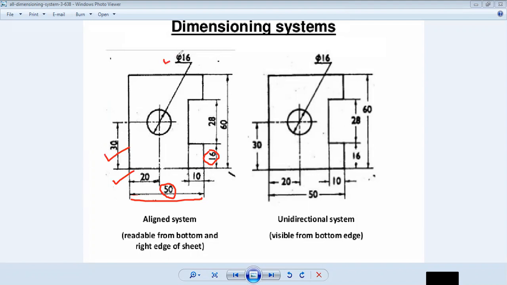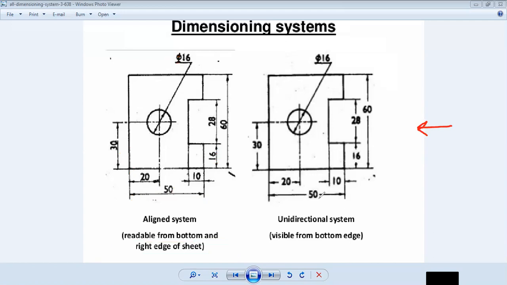This phi is showing the diameter. Phi stands for diameter. So this is the aligned system. It is readable from the bottom and right edge of the sheet, so we need to see from here as well as here to read all the dimensions.